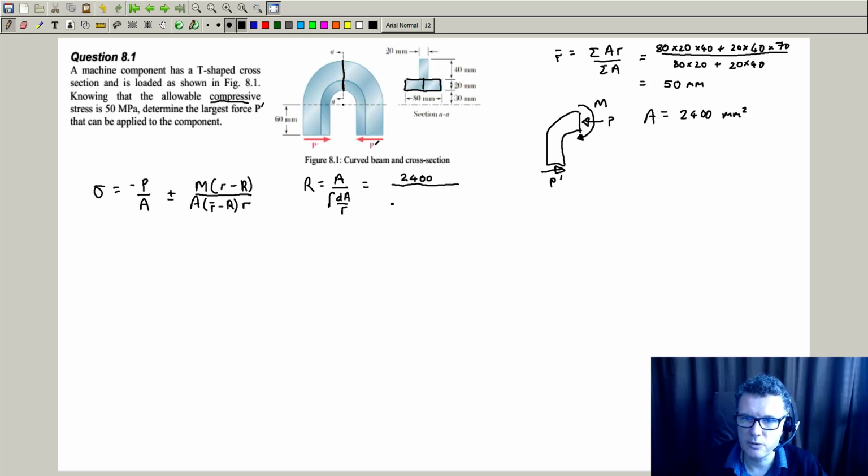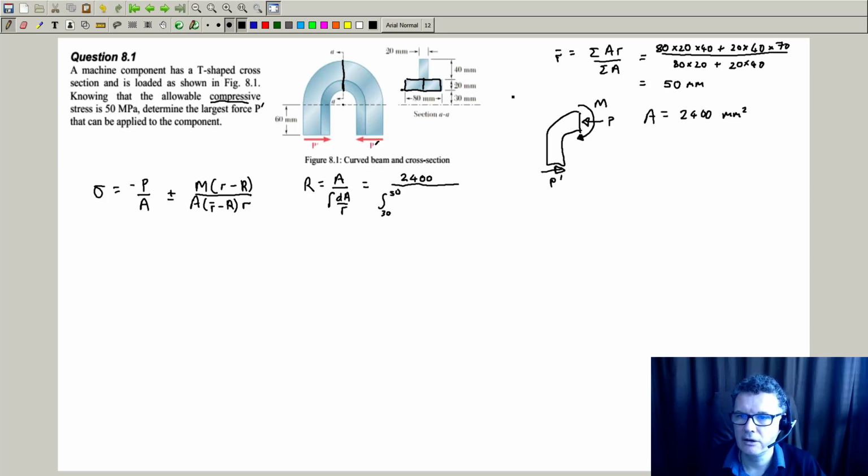So the first one is we'll integrate the bottom. So we start at here. So that will be a distance of 30. And then we're going to go up to here, so that'll be a distance of 50.